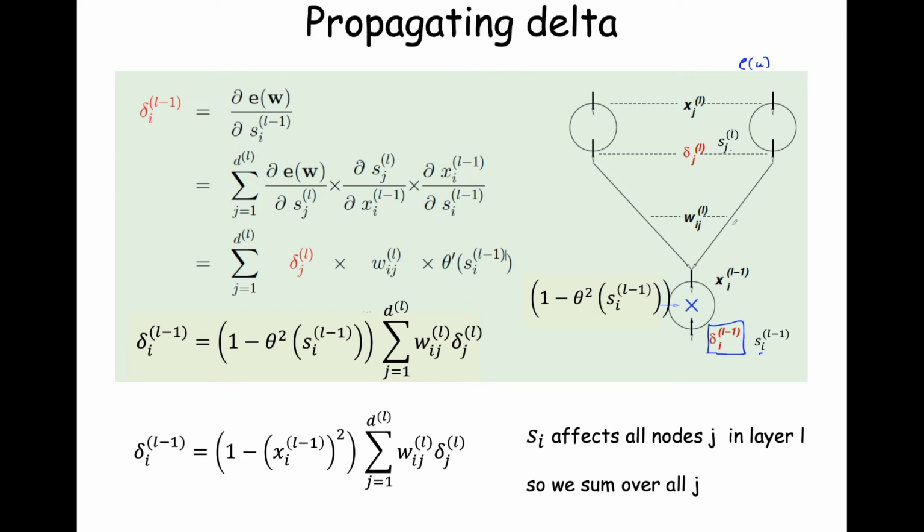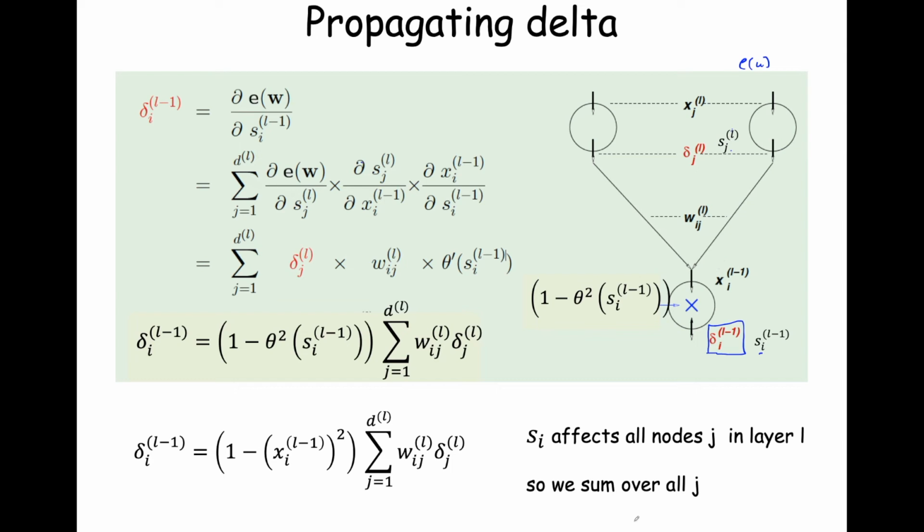You change that input, you're also going to change the score for the jth node in layer L. And then you have across that node that nonlinearity in layer L minus 1 for the ith node. So you have the partial of the output of node i, layer L minus 1, with respect to the score that feeds into that nonlinearity, the score for the ith node, layer L minus 1.